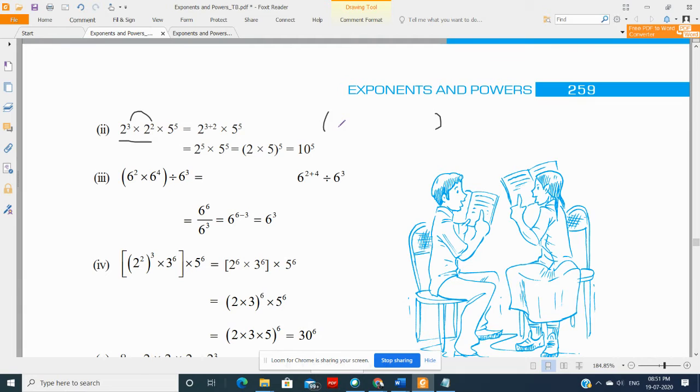That a raised to m, sorry for the handwriting, a raised to m multiplied by a raised to n, because you are applying this rule, is equal to a raised to m plus n.